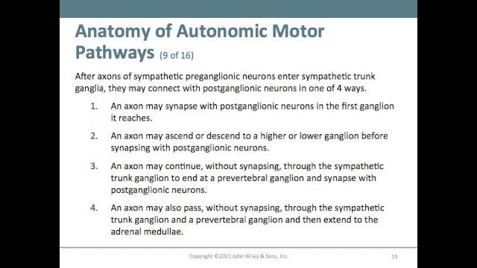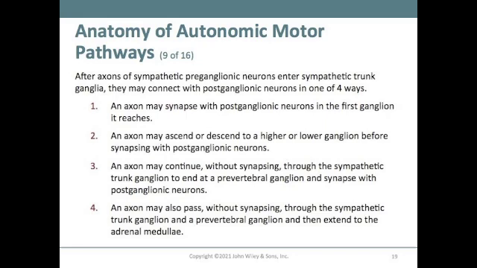After axons of the sympathetic preganglionic neurons enter the sympathetic trunk ganglia, they may connect with postganglionic neurons in one of four ways. One, an axon may synapse with the postganglionic neuron in the first ganglion it reaches. Two, an axon may ascend or descend to a higher or lower ganglion before synapsing with the postganglionic neuron.